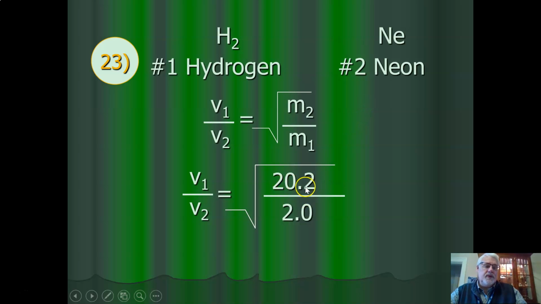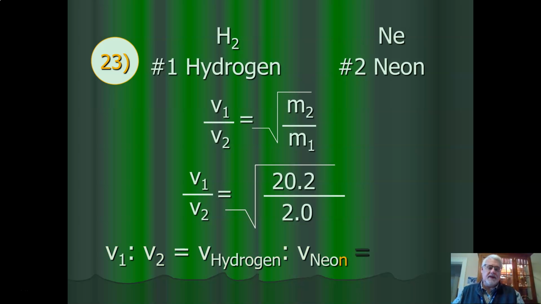Neon 20.2 and hydrogen 1.0, but it's diatomic, so 2.0. So again, you're going to have to find the order of operations on your calculator. And this one, I'll let you figure out how to do this, but as long as you divide these out and take the square root of it, you should get 3.2.